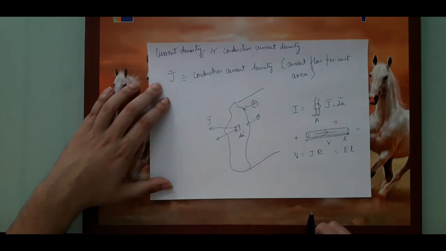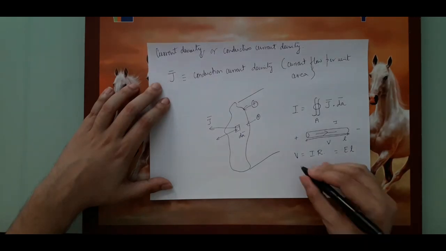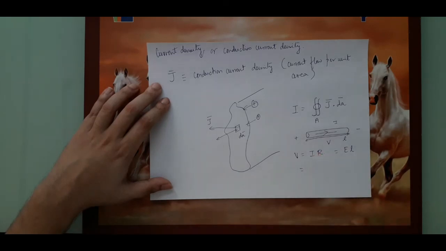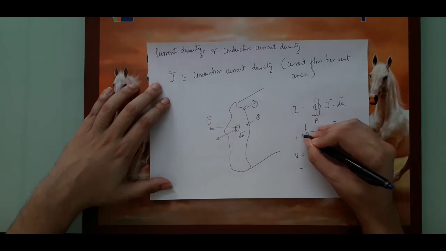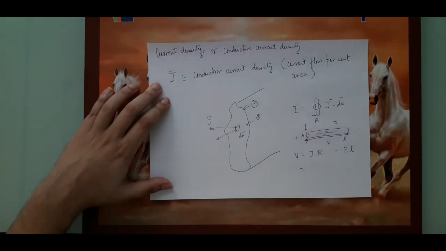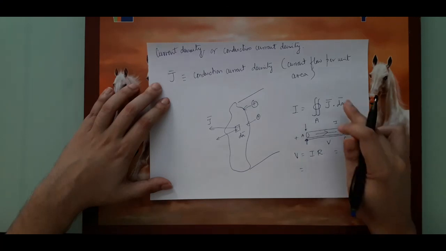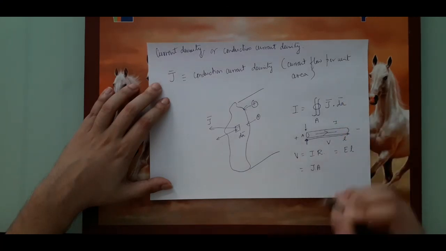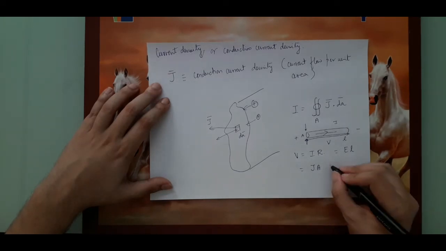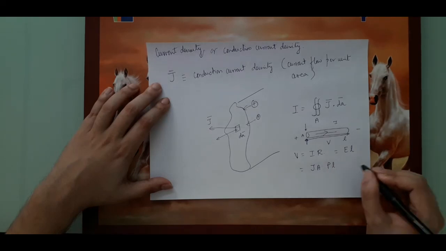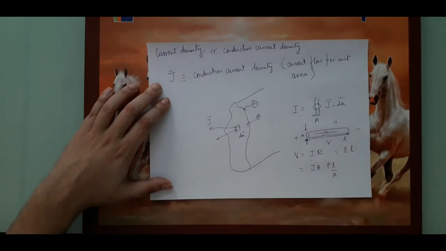Current I can write, if the cross-sectional area of this conductor is A, then current can be written as J times A, and resistance can be written as the resistivity rho times L divided by A. So A and A will get cut.